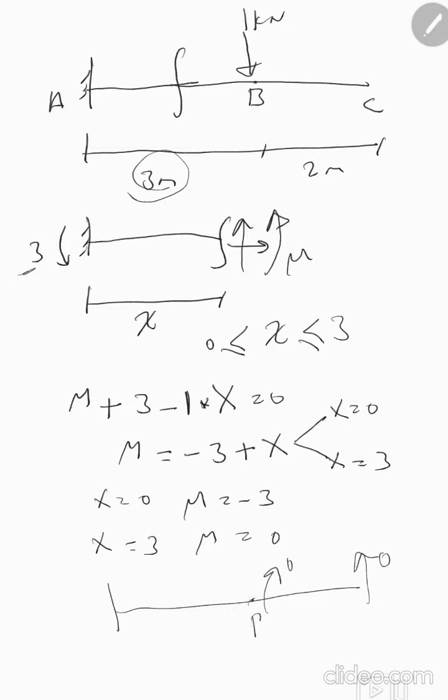This is point B, and here 0. So be careful with the directions of moment. Here 0, here -3, and here we have 3. Okay, so next step.